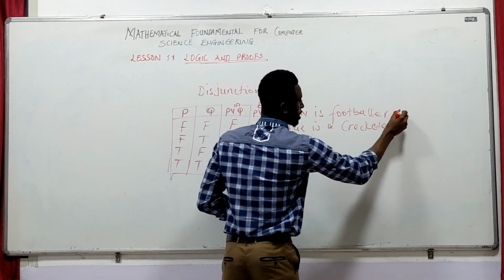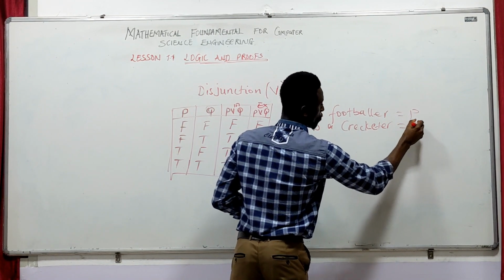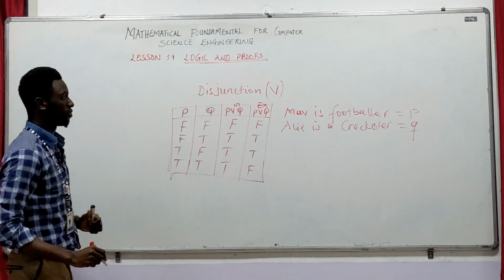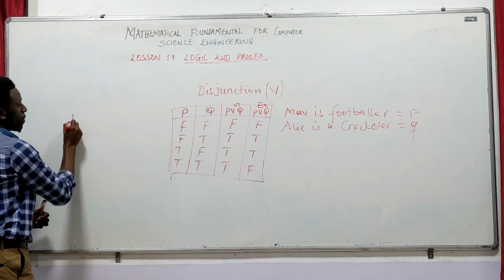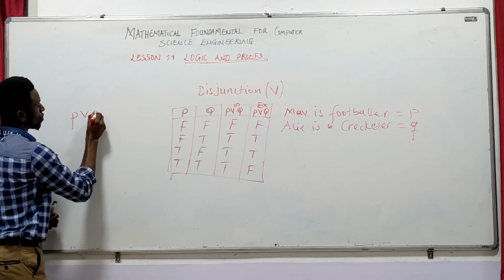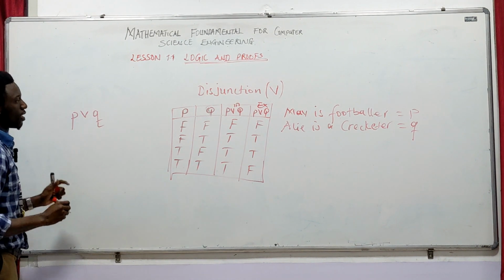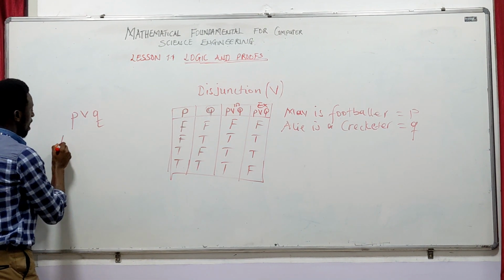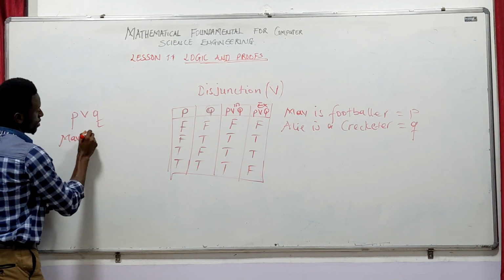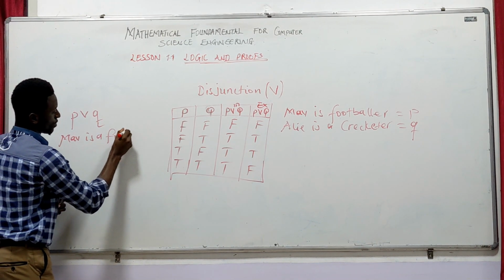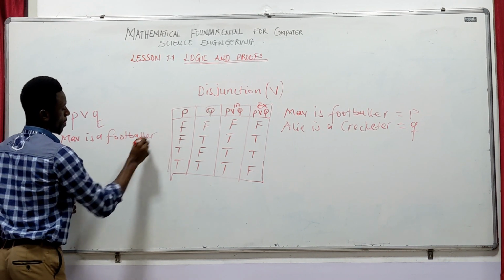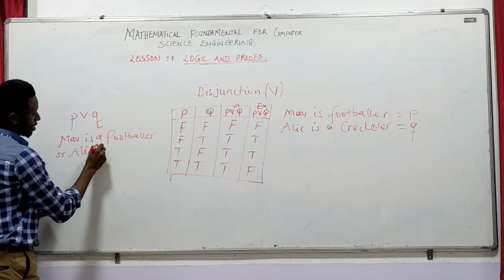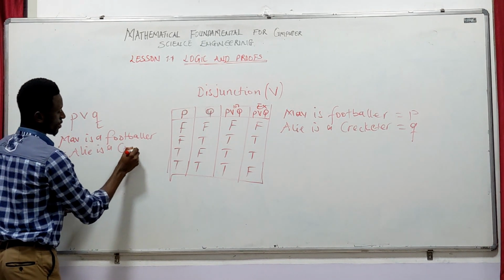So now we let this one be P and this Q, Ali Q. So P or Q means Marv is a footballer, or Ali is a cricketer.